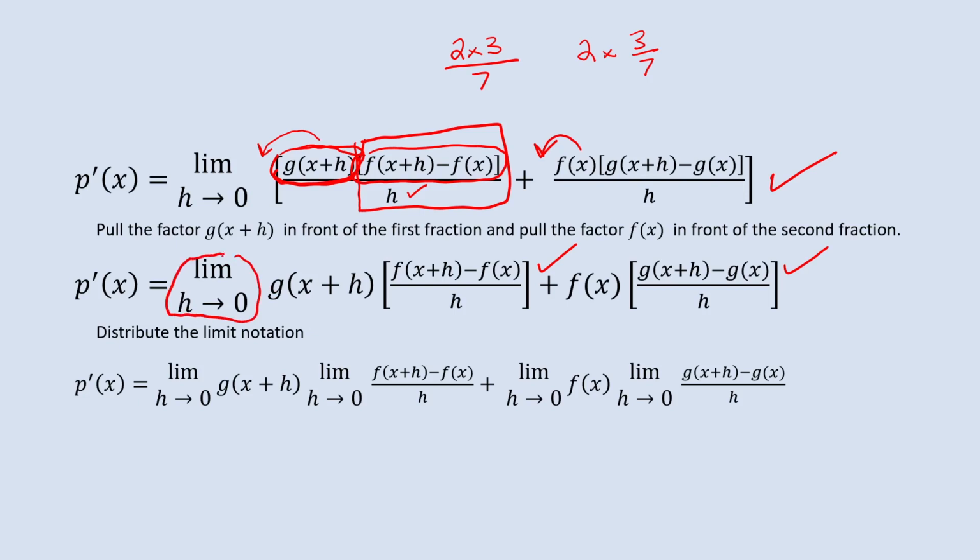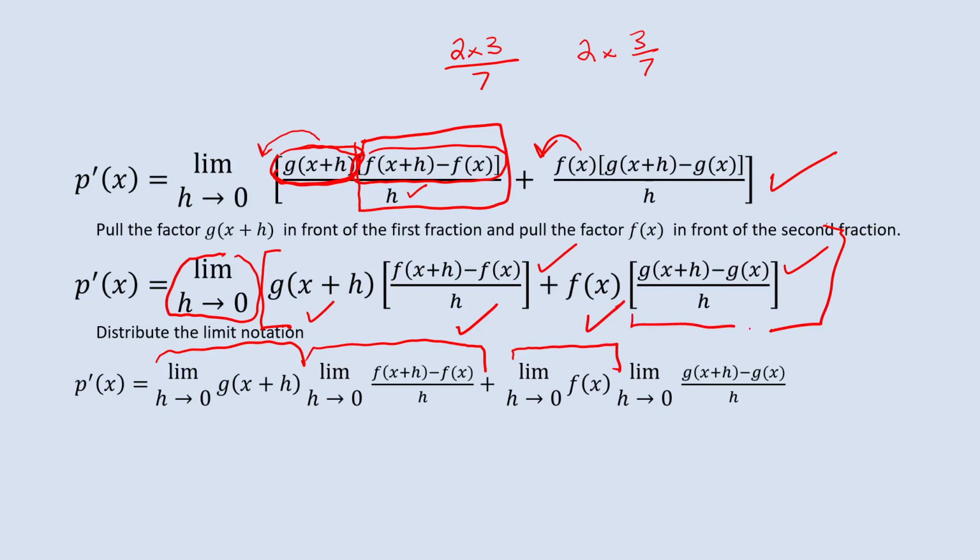Okay? Now, it's a property of limits, believe it or not, that I can take this limit as h goes to 0 expression that applies to the whole thing, and instead of applying it to the whole thing, I can apply it to each part. So I can say limit as h goes to 0 of g of x plus h times limit as h goes to 0 of this expression here, plus limit as h goes to 0 of f of x times limit as h goes to 0 of all of that.